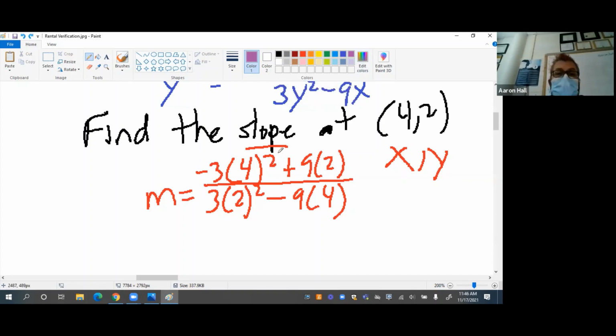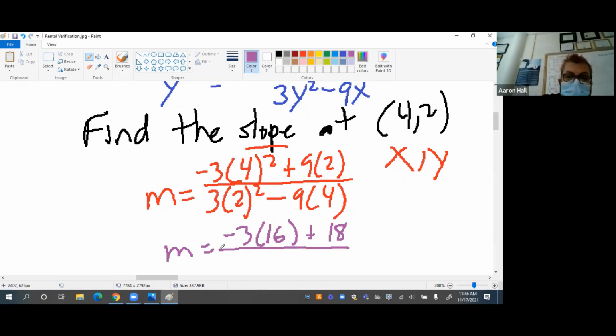Okay, order of operations says what, parentheses? There's nothing in parentheses to do. Okay, the exponent, so that gives me negative 3 times 16, plus, well, now I already want to multiply. And then we have 3 times 4, and minus 36.